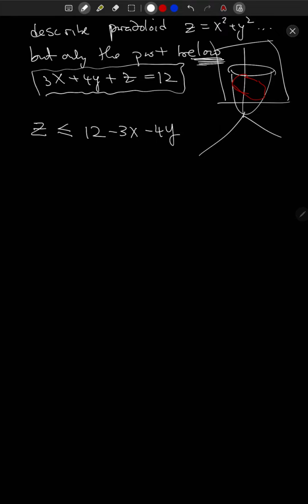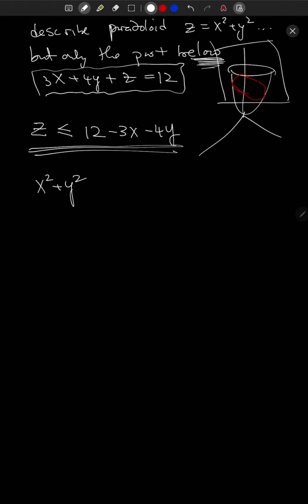That's what the word below tells me. Below has to do with z. I want the parts below the plane. If the plane is z equals 12 minus 3x minus 4y, then the part below the plane is where z is less than that. And again, we want z to be less than this, but we know z is equal to x squared plus y squared because we know we're on the paraboloid.